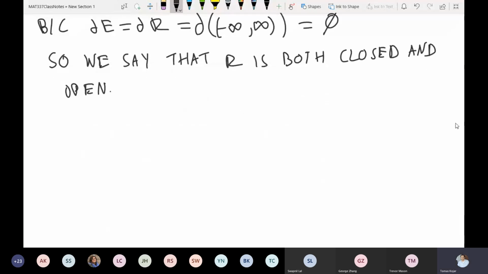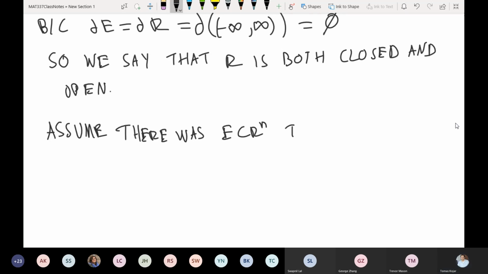So let me try to figure this out. Assume that there was E in R^n that is both closed and open.